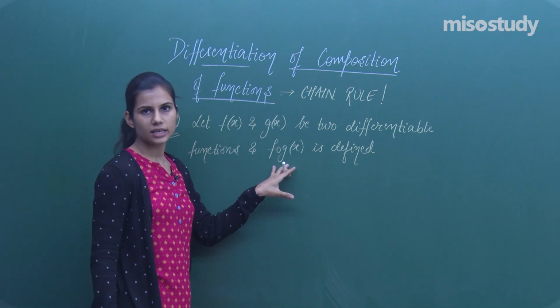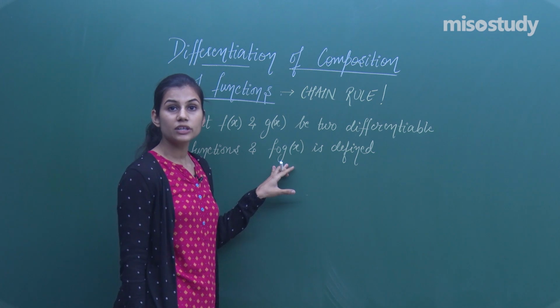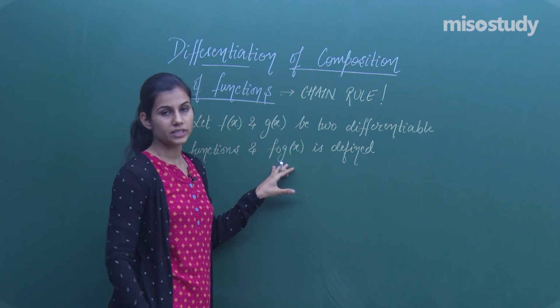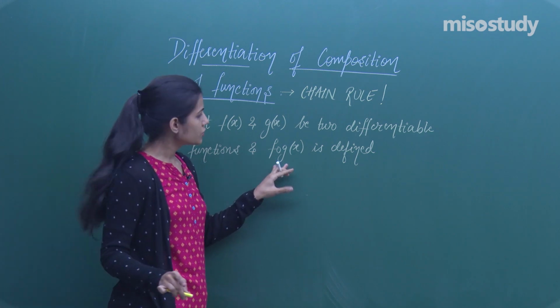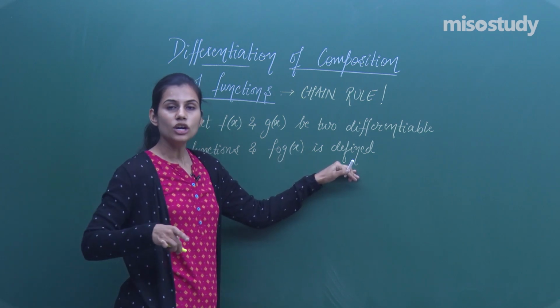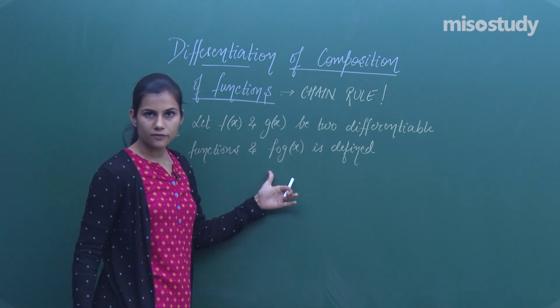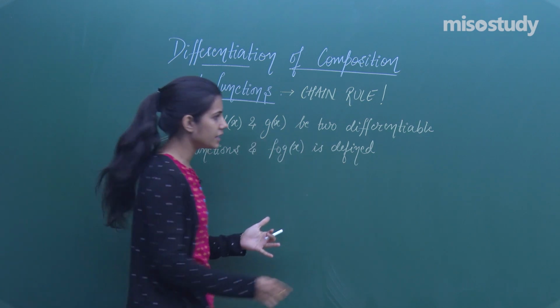You know there is a condition based upon the existence of f o g. F o g exists only when the range of g is contained in the domain of f. It does not exist all the time. So this is important. F o g should exist for you to talk about the differentiability of f o g. Let f and g be two differentiable functions and f o g is a well-defined function.